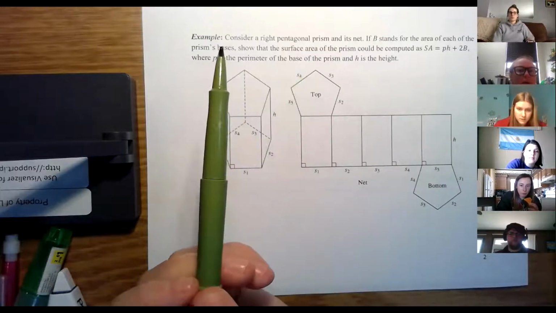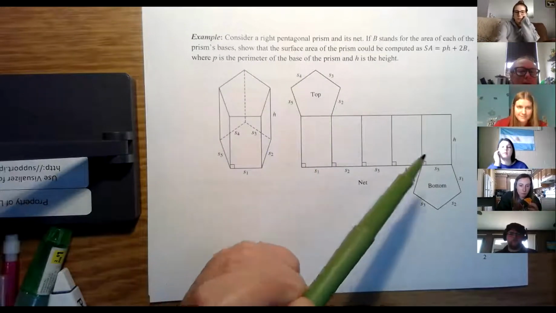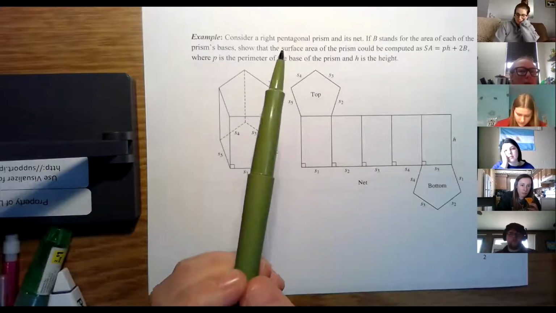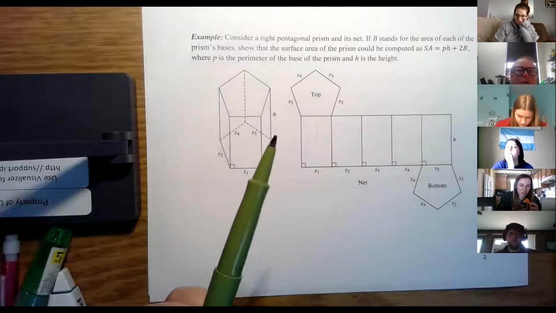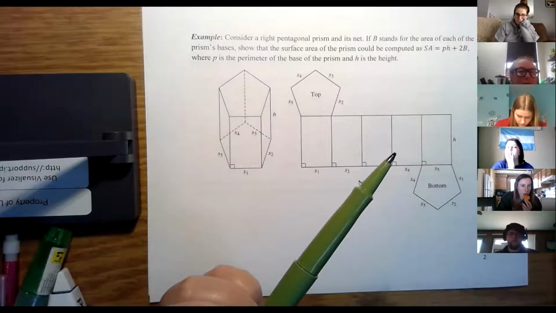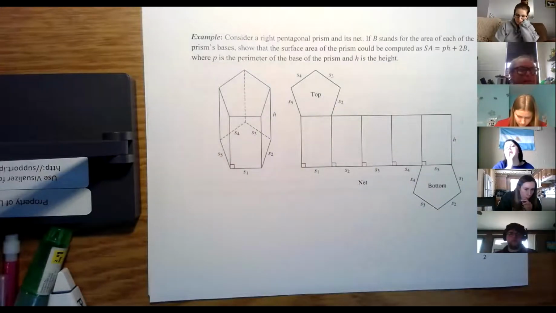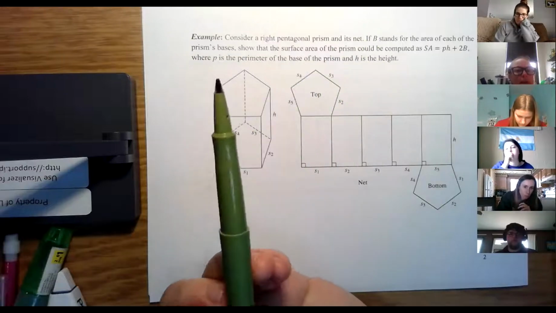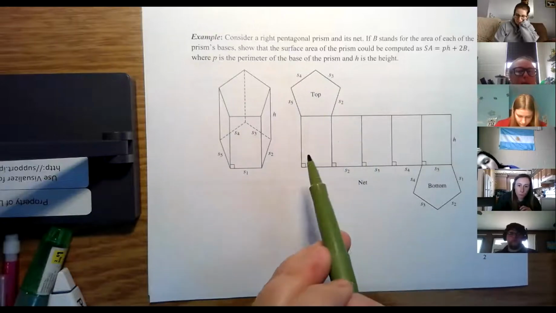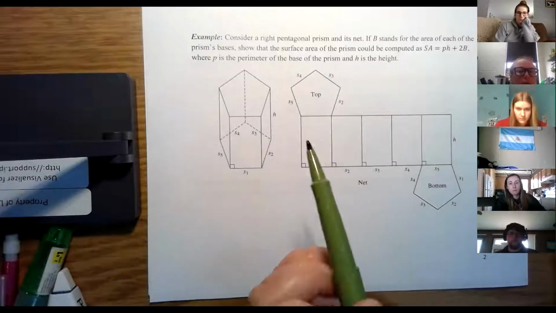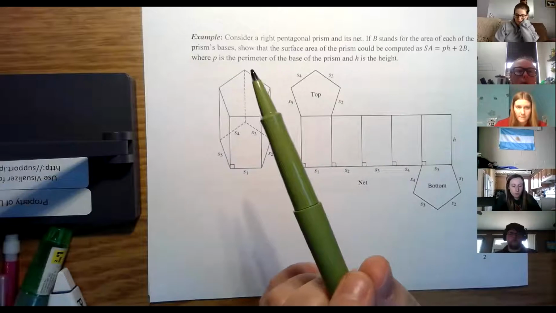And so here, if we look at it in its net form, we would have the right pentagon prism, and B stands for the area of each of the bases. And if we have these sides, we have these here. So consider this.